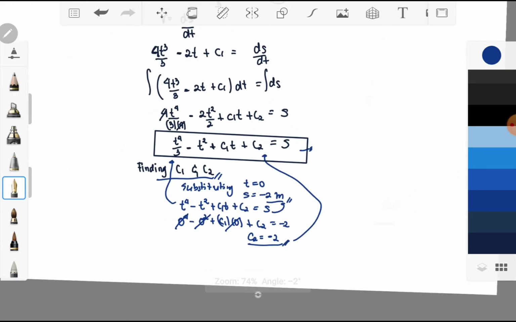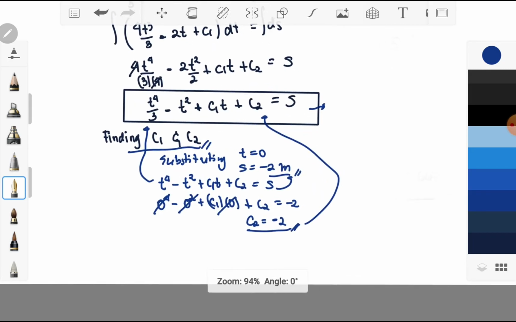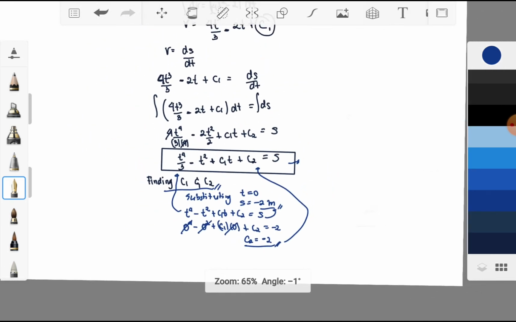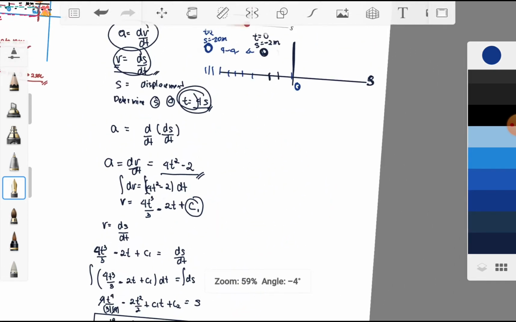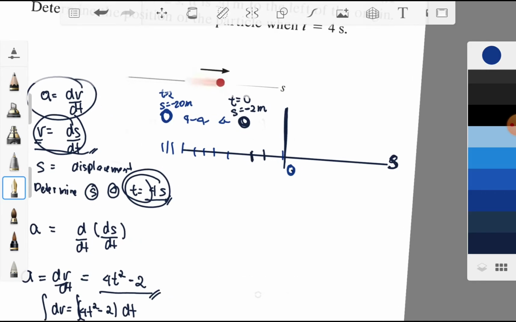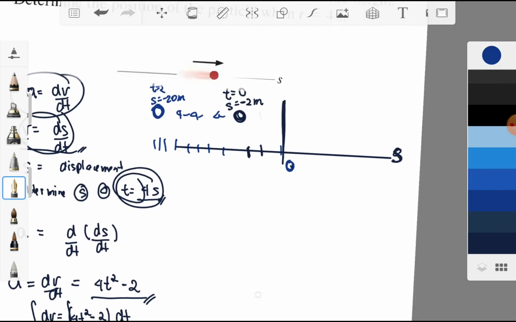Upon knowing the value of c2, let us solve for the value of c1. Take note that at t is equal to 2 seconds, our s is equal to negative 20.